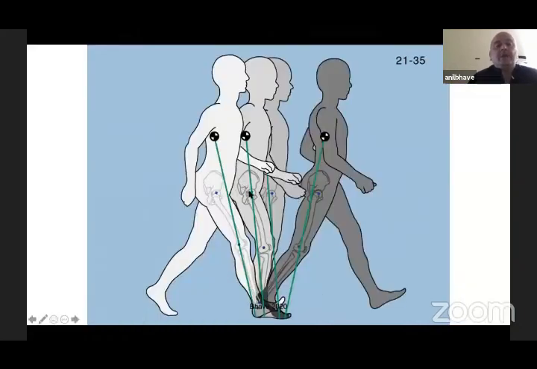In the sagittal plane, our lever arms are much more mobile, meaning they move as the body moves forward. The knee joint, hip joint, and ankle joint are subjected to a ground reaction force vector in the sagittal plane that is continuously moving.